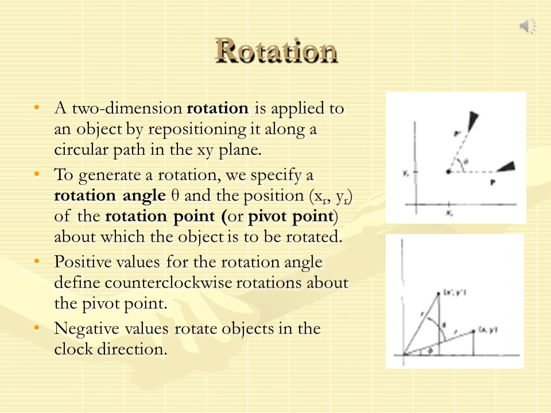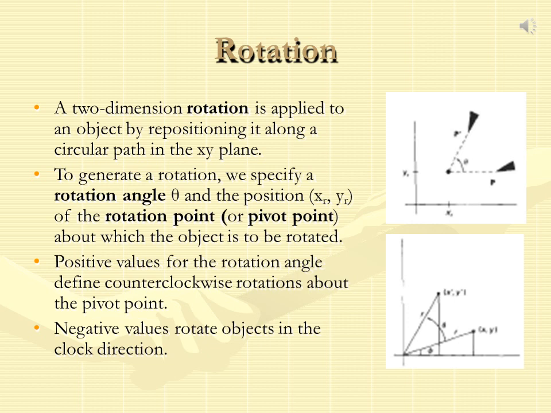From the following figure, we can see that the point P(x, y) is located at the angle phi from the horizontal x coordinate with a distance r from the origin. Let us suppose you want to rotate it by the angle theta. After rotating it to a new location, you will get a new point P dash.